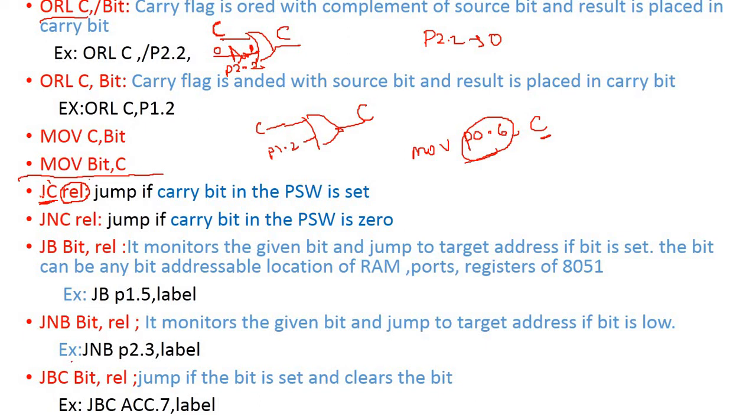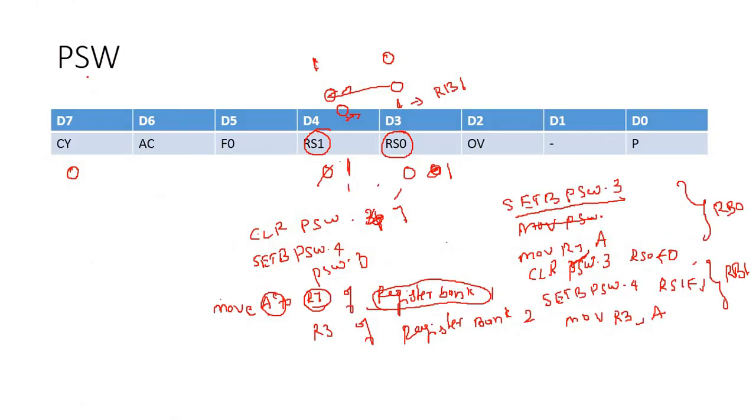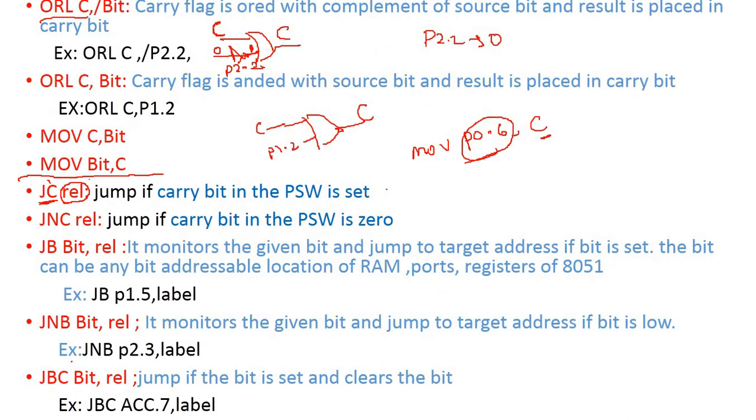See, the name is jump if carry bit, that is jump if the carry bit in the PSW is set. The carry flag is actually the D7 bit. So if this bit is set, then it should jump to the location whatever the relative address is mentioned.